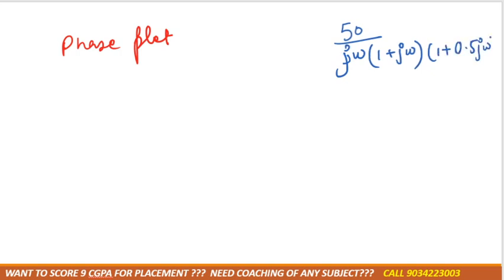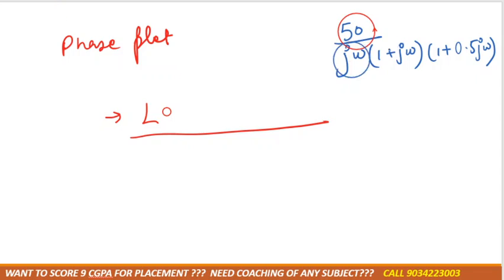Correct? So as I told you, if the numerator is constant, then its angle is 0, right? Then we need to calculate this angle. This angle is how much? As I told you, the formula is tan inverse of x divided by r, the imaginary component divided by the real component. So real component is 0 because we can write it like this, 0 plus j omega, right? And imaginary component is omega.